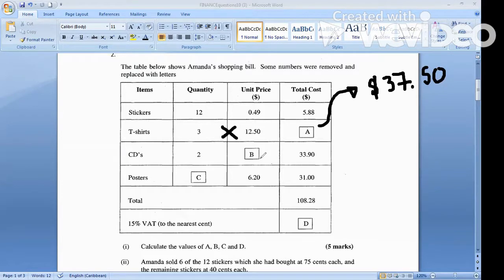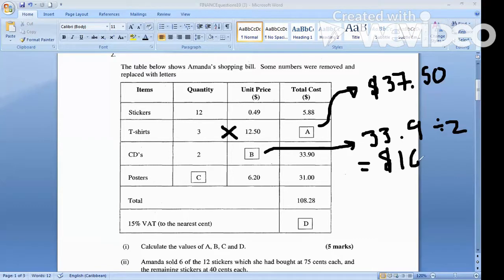They tell us that 2 CDs cost $33.90. What's the unit price? What would you do? Divided by 2. So for this one, it is 33.9 divided by 2, and as you correctly said, it is $16.95.